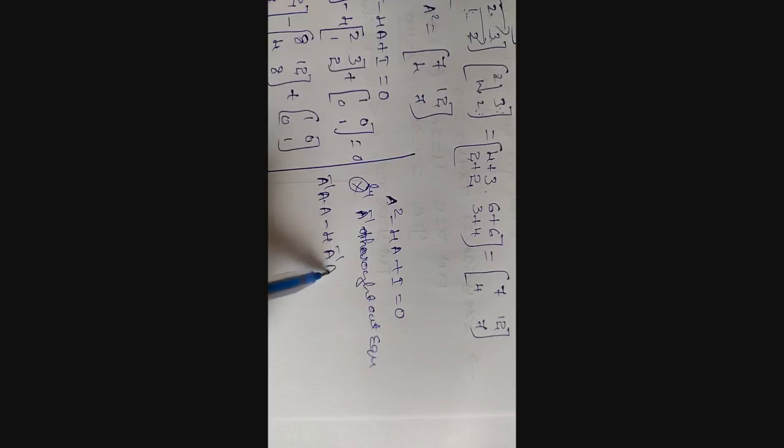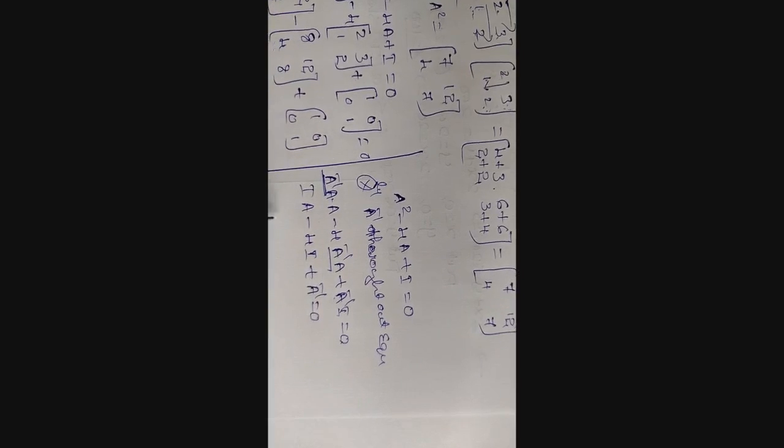A inverse A square can be split into A inverse into A into A, minus 4 into A inverse into A, plus A inverse into I is equal to 0. A inverse into A is nothing but I, so I into A, minus 4 into I, plus A inverse into I, which is only A inverse, is equal to 0.